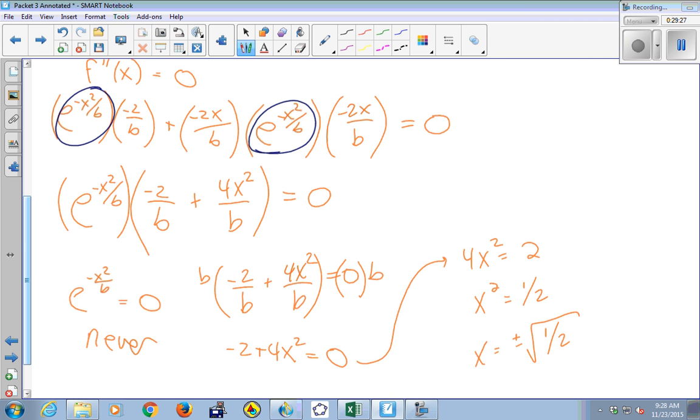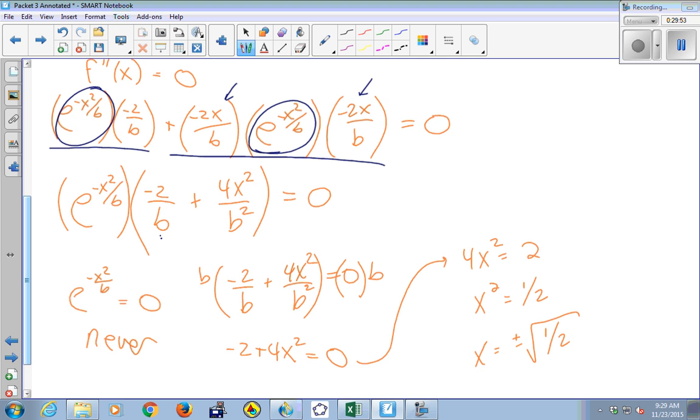And then what's left after I remove that, in this term, I'm just left with a negative 2 over b. So that's why I wrote that there. And then in this term, after you remove the e to the negative x squared over b, you're left with negative 2x over b times negative 2x over b. And when you multiply them together, you get positive 4x squared over b squared.